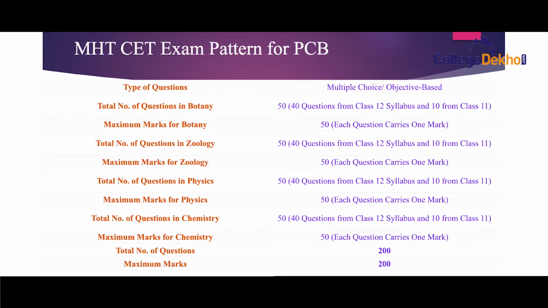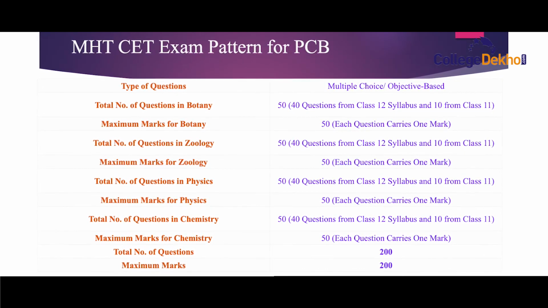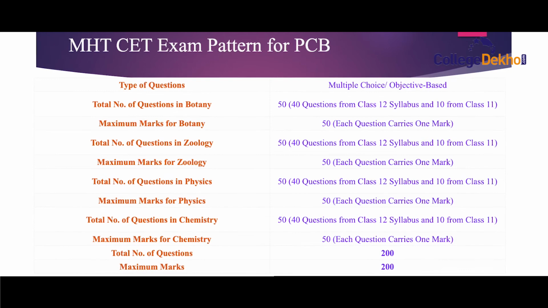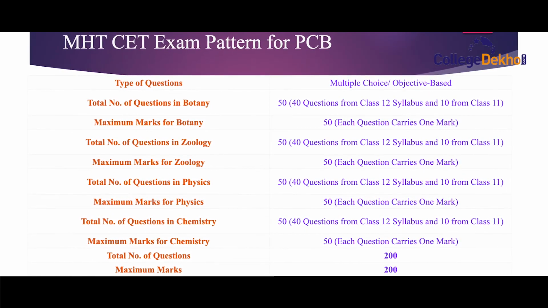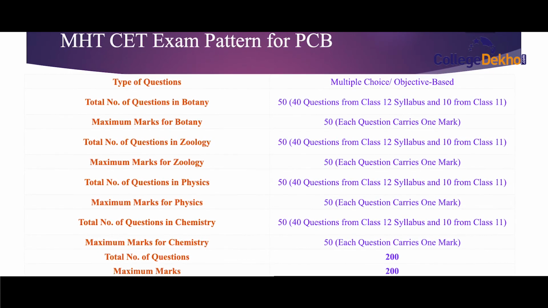From physics you will have 50 questions and from chemistry you will have 50 questions. Each question carries 1 mark. So the total number of questions in the PCB stream is 200 and the maximum marks is 200, which means each question carries 1 mark in every section: botany, zoology, physics and chemistry. So that's all about the exam pattern of PCB.